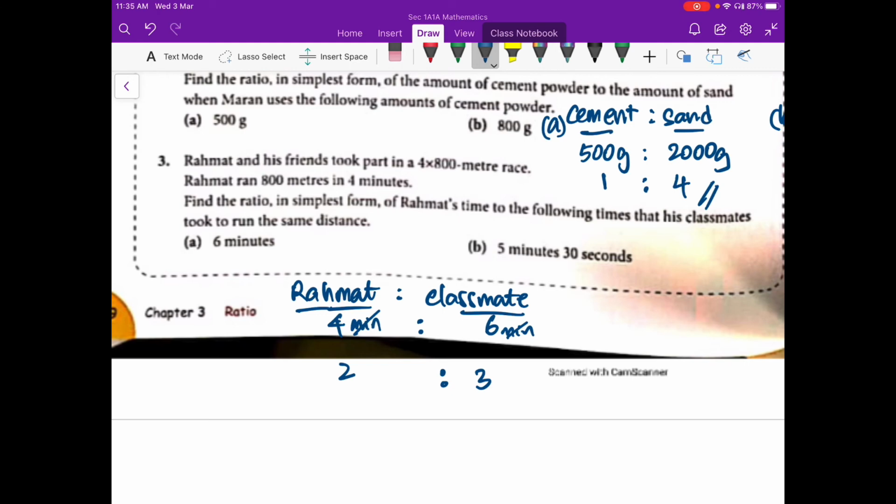Or maybe it is 4 different people running the track. So one person runs 800 meters, another person runs another 800 meters, and so on and so forth. So here, Ramat 800 meters 4 minutes. Same distance for the classmate 6. So answer A, correct. Okay, what about part B?